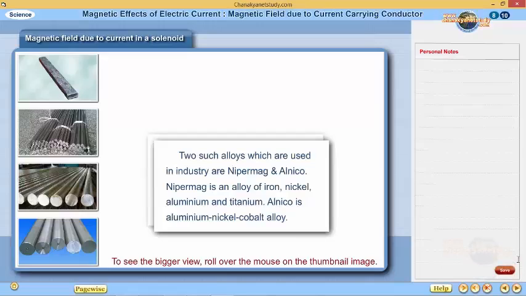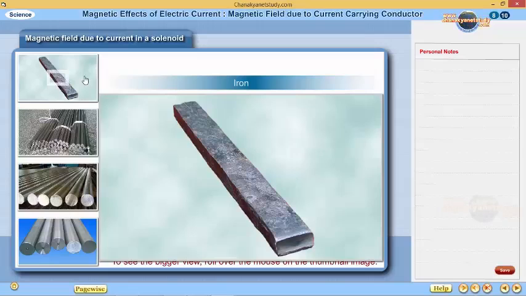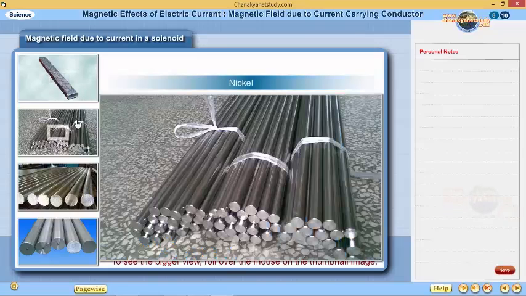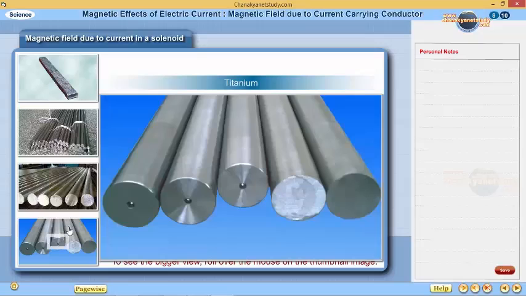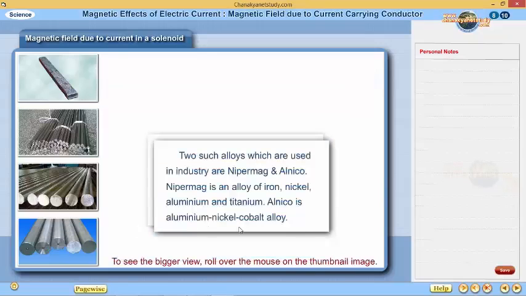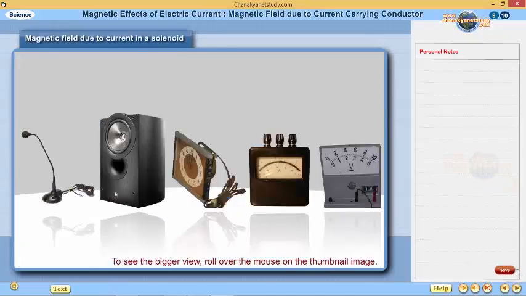Nipermag is an alloy of iron, nickel, aluminium and titanium. Alnico is an aluminium nickel cobalt alloy. Permanent magnets of such alloys are used in microphones, loudspeakers, electric clocks and many other devices like ammeters, voltmeters and speedometers.